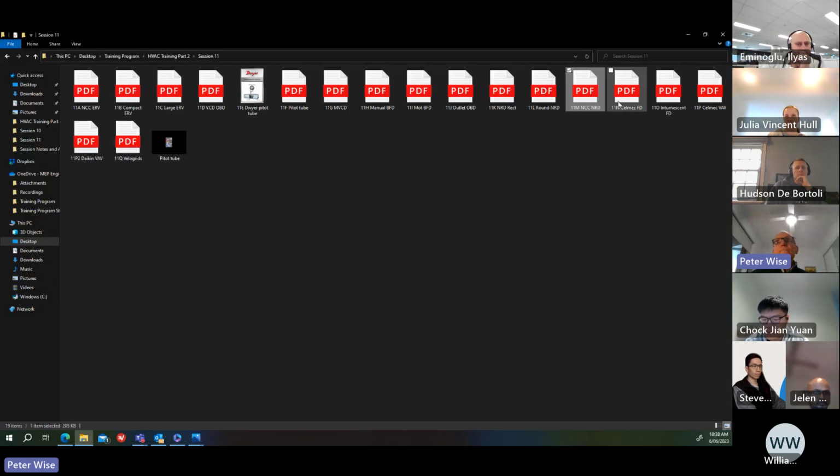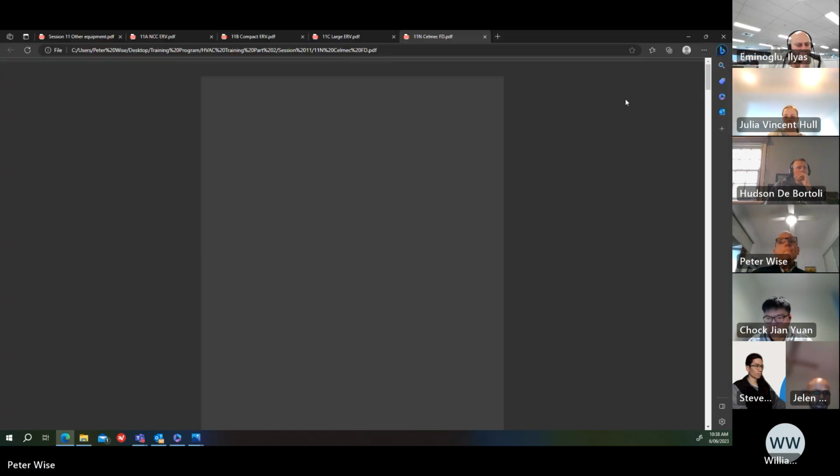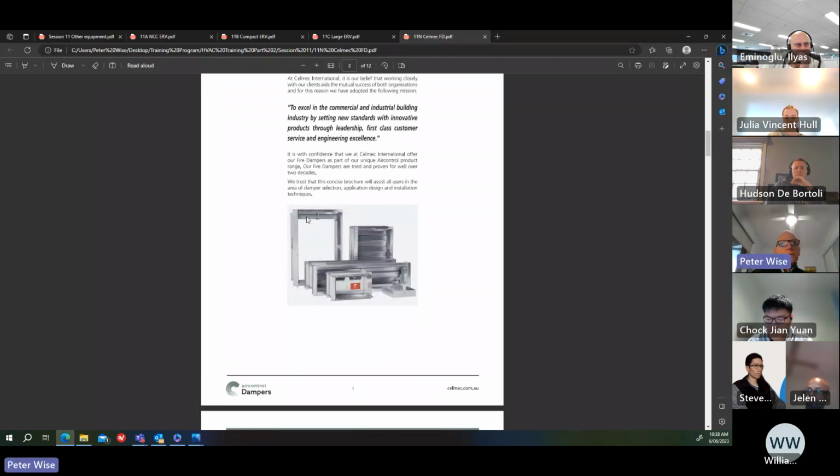If you haven't seen them, there's some fire dampers there. Can you see that diagram? This larger one shows the fire damper held in place at the top of the damper. For very small dampers in that situation, the fire damper will take up a fair percentage of the area of the duct.